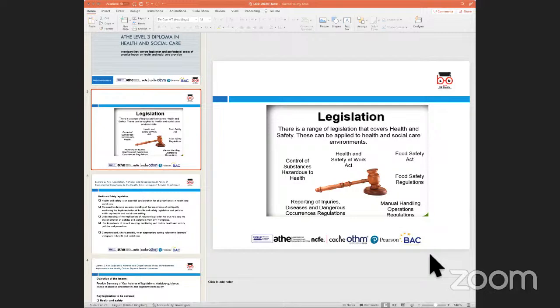This is why they are an important part of this sector: they help shape how health and social care services are delivered to members of the public in the UK.